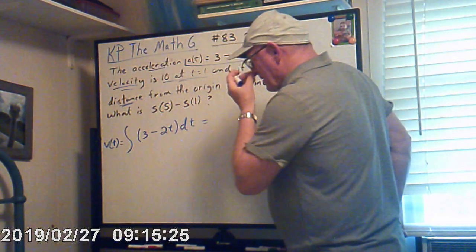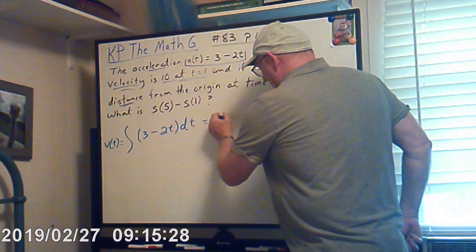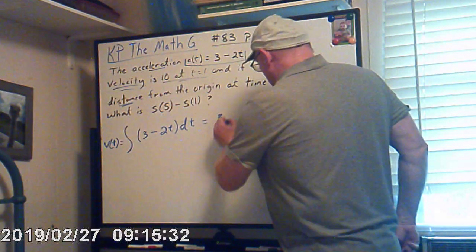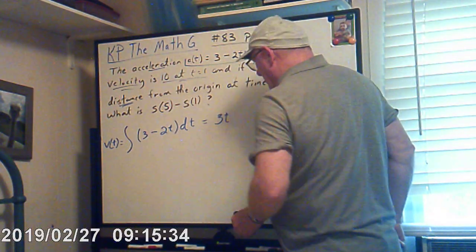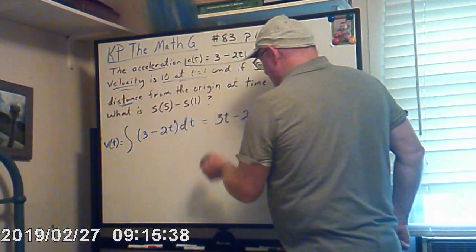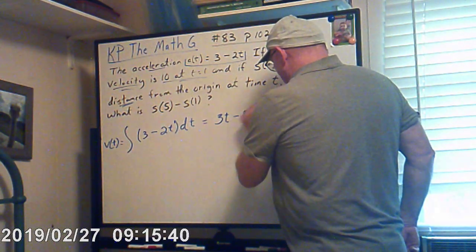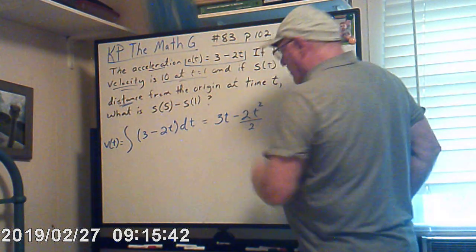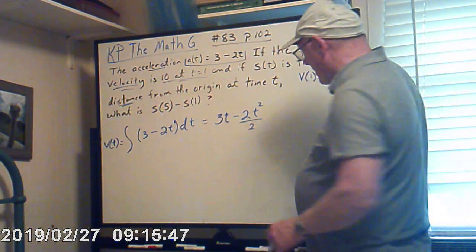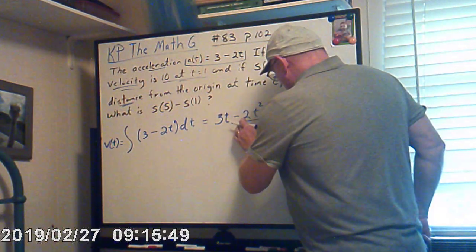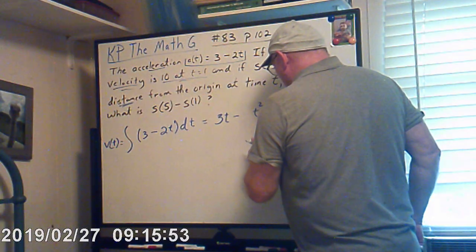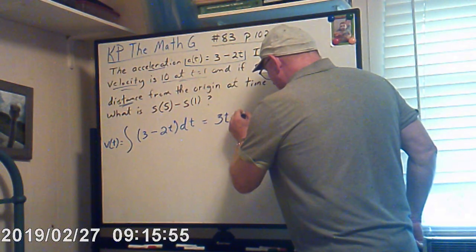Now all you do is add. If there's no constant there, you put a constant beside it. Do not make this hard. Minus 2t, now this is t to the 1. We increase that exponent by 1, and then we divide by that same number. 2 over 2 divides out, so 2 over 2 is 1, and we're left with 1t squared, or just plain t squared.